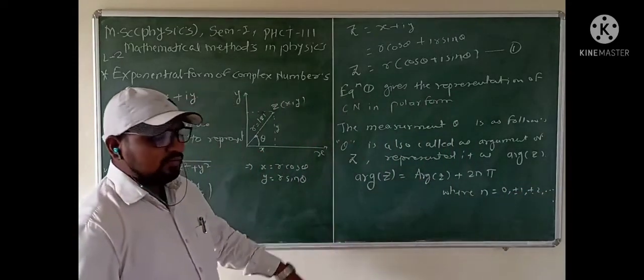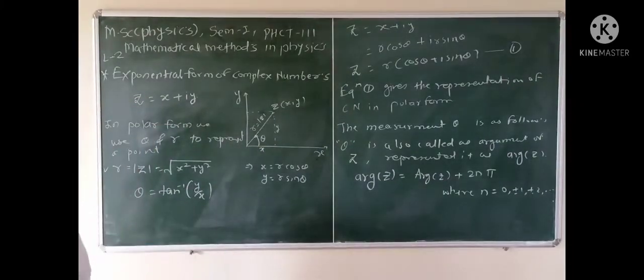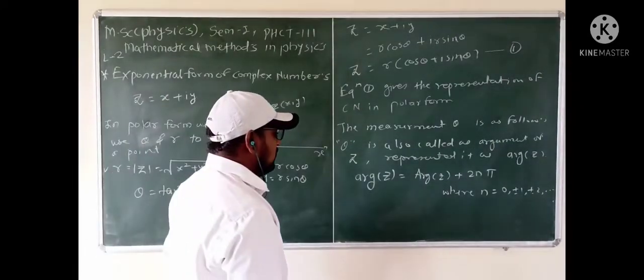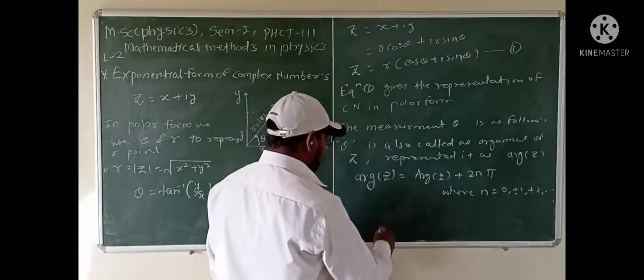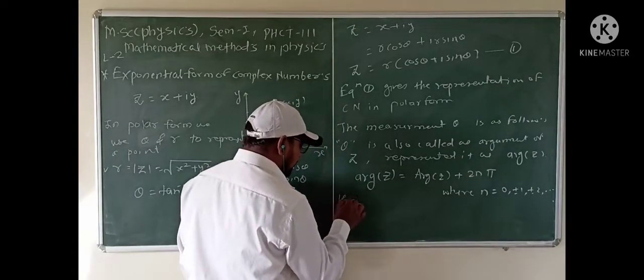From this we can conclude that there are infinite values for the argument of z, or theta.